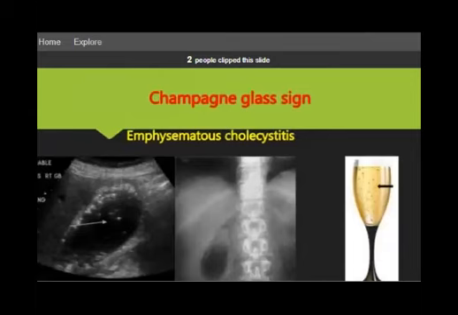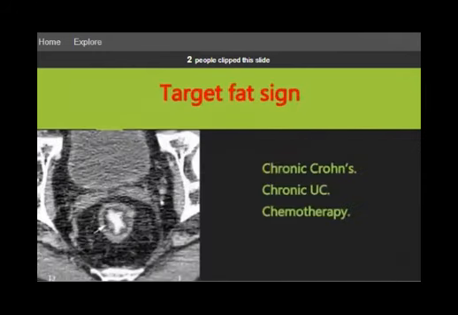Champagne glass. There is another champagne glass in the pediatric, but here champagne glass sign is emphysematous cholecystitis. Even if we don't drink champagne, but okay. Emphysematous cholecystitis and target fat sign. Okay, target fat sign, chronic, like this. You see the fat, yeah. So chronic Crohn's, ulcerative colitis, or chemotherapy.